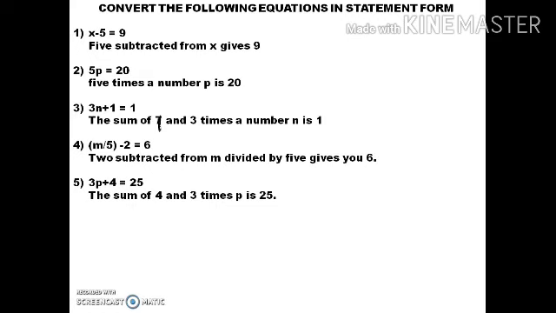Don't get confused that both are different. Both are the same. The sum of 4 and 3 times p is 25 is also correct. The sum of 1 and 3 times a number n is 1 is also correct.